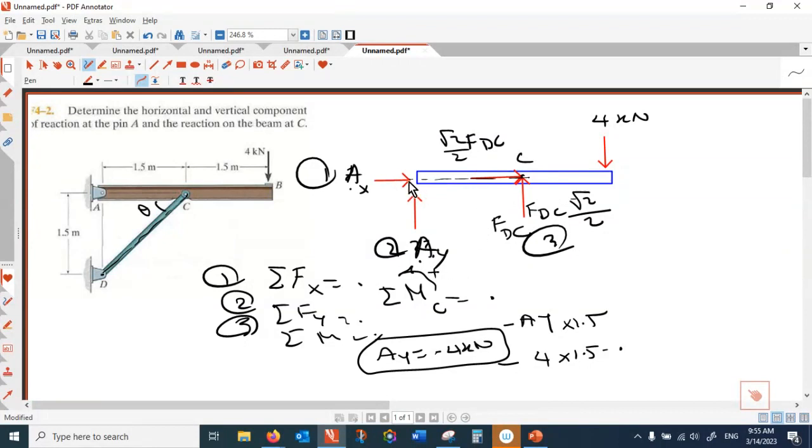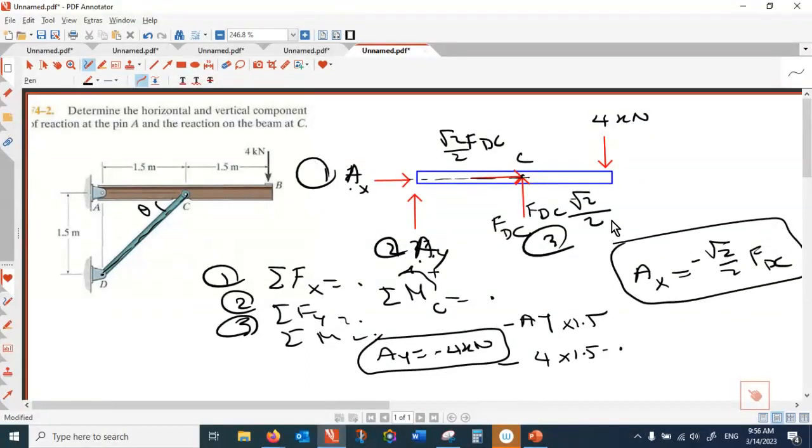And now, if I write the first equation, that is AX is equal to minus root 2 by 2 FDC.